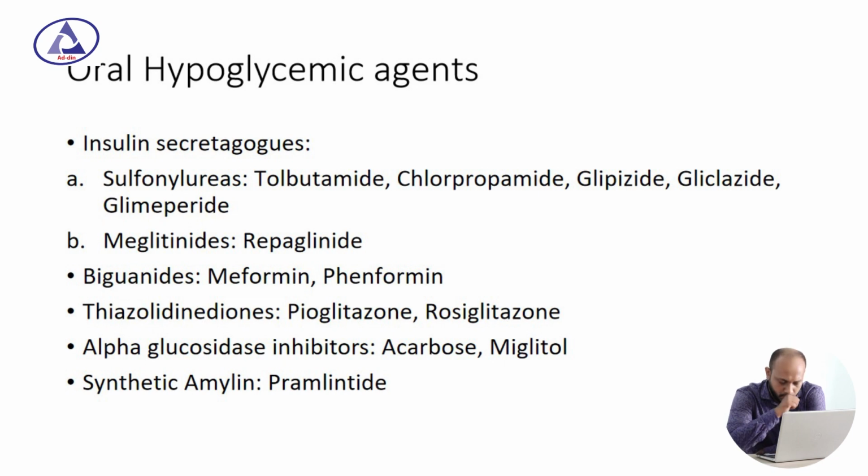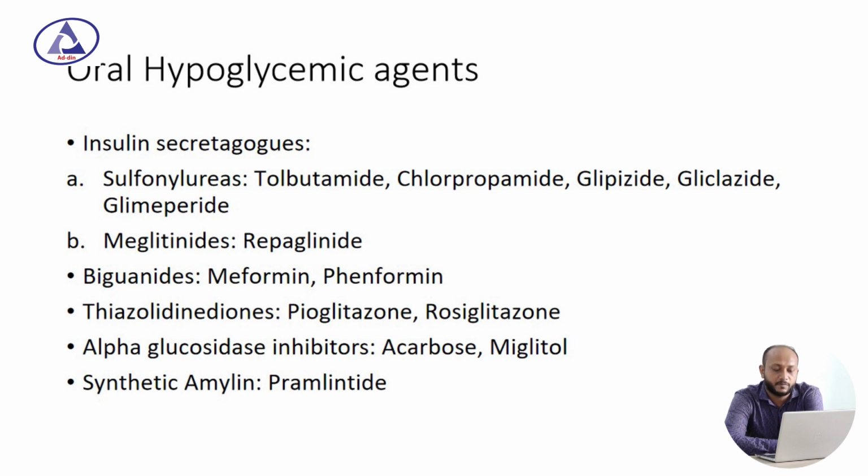Now, there are some oral hypoglycemic agents. First of all, insulin secretagogues, which secrete insulin, such as sulfonylureas and meglitinides. Sulfonylureas are tolbutamide and chlorpropamide, which are the first generation, and the second generation are glipizide, gliclazide, and glimepiride. Meglitinides, example, repaglinide.